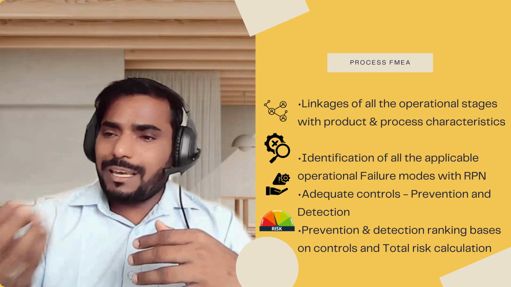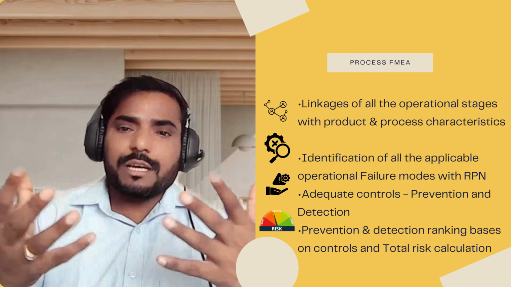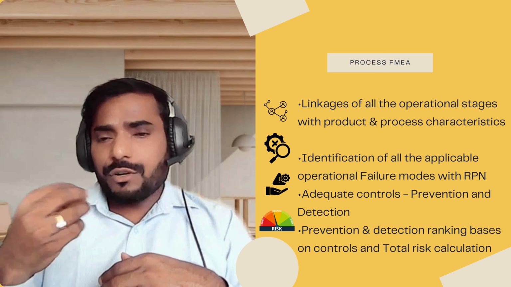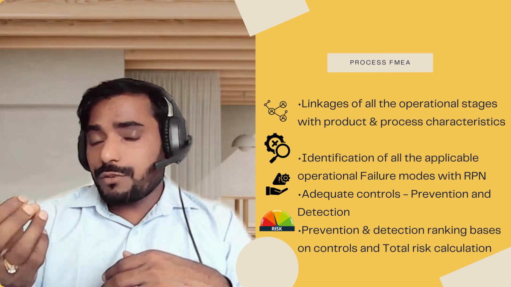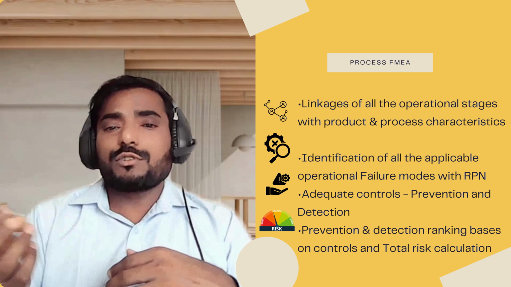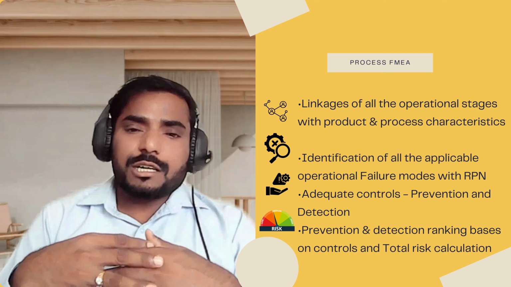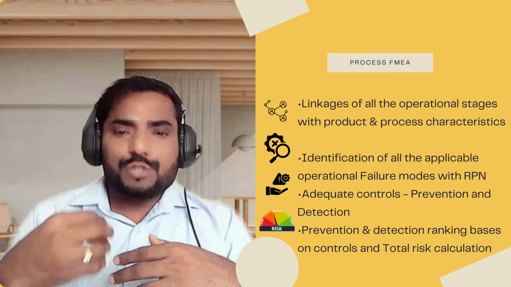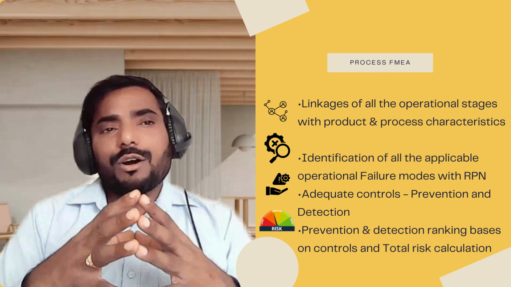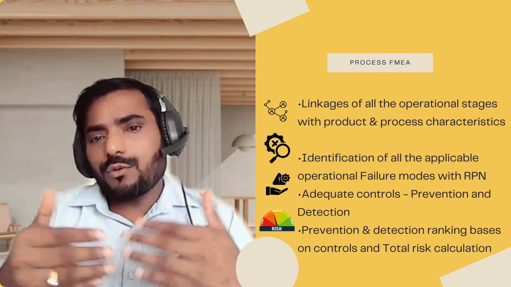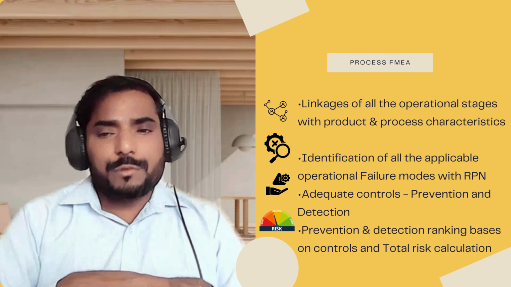That way you can pick a few failure modes and verify the different causes, and verify the different detection and prevention controls. Wherever you feel the prevention controls are not adequate, suggest they put those controls in place so that they can go for a robust process.